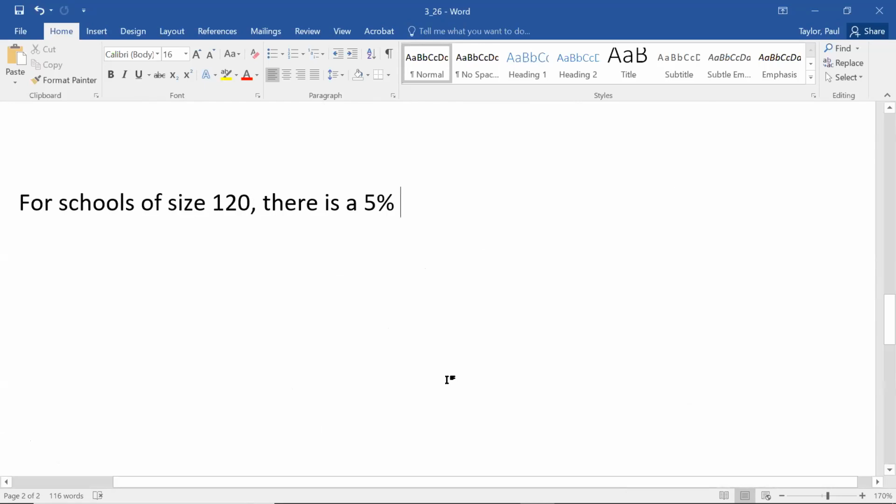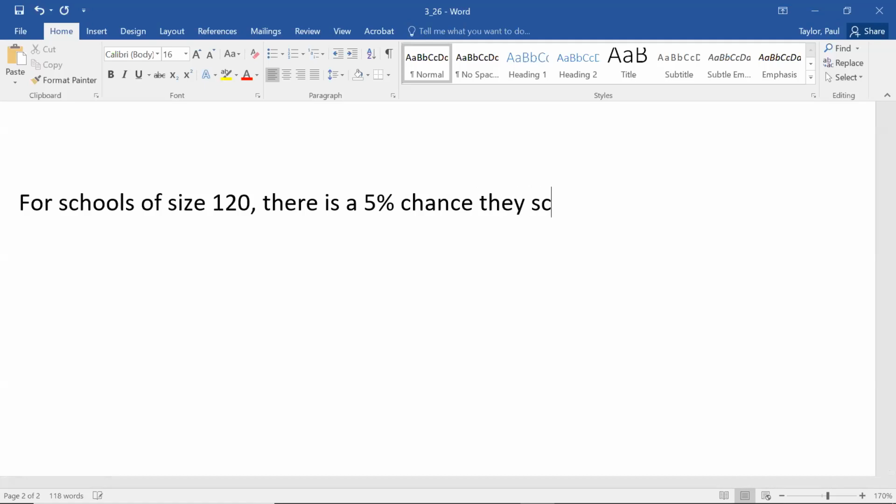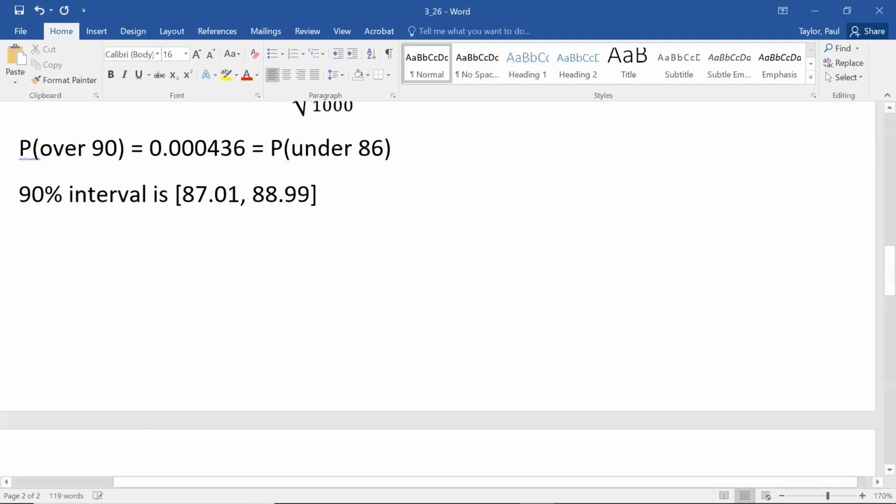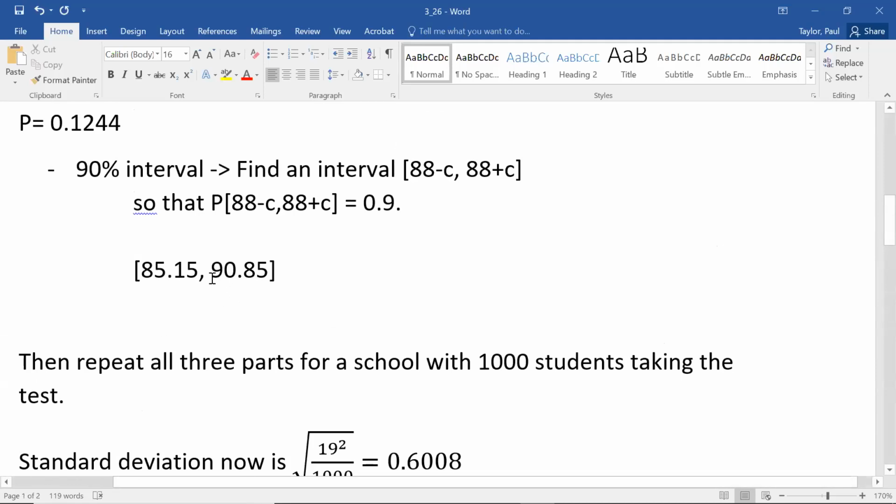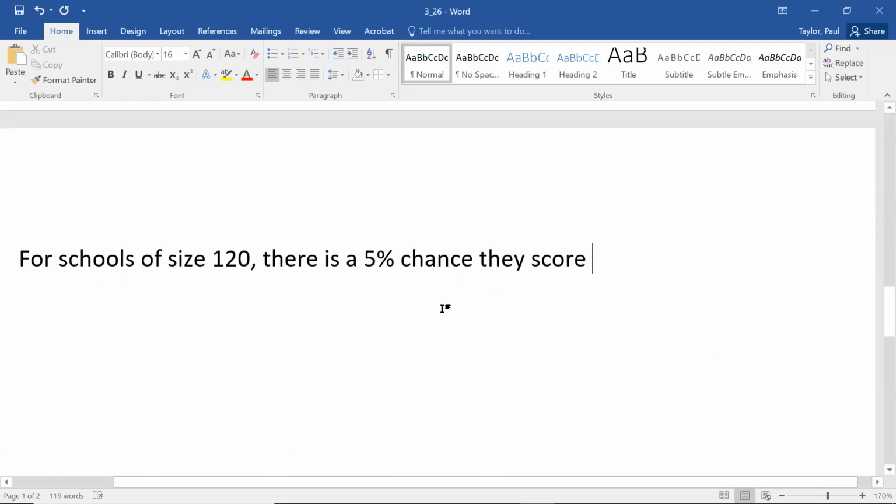So 5% chance that they're higher than the high end and a 5% chance that they're lower than the lower end. Each tail has 5%. So there's a 5% chance the school on average gets a score over 90.85.